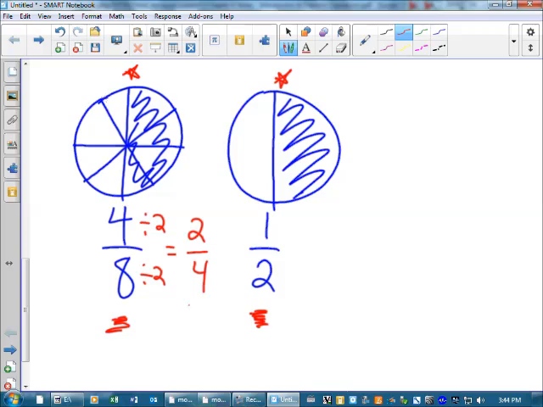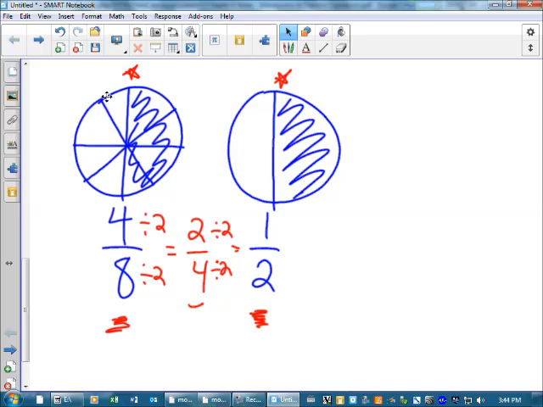So that gives us a new fraction, 2/4. Is 2/4 reduced? Yeah, you betcha. It's reduced from 4/8. Is it in its lowest terms? Is it as small as it can go? No, it's not. We can divide by 2 again, and that will get us to our 1/2.